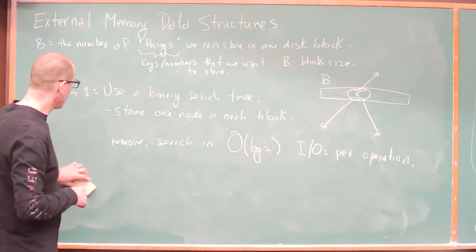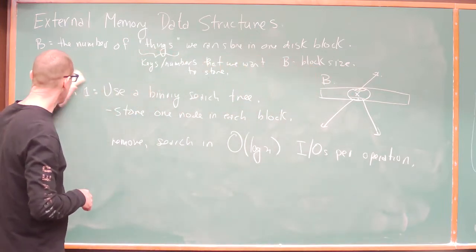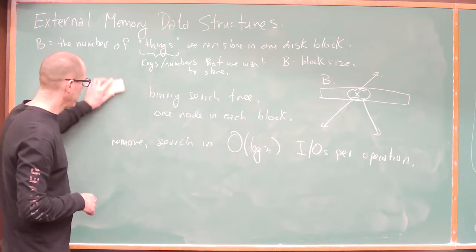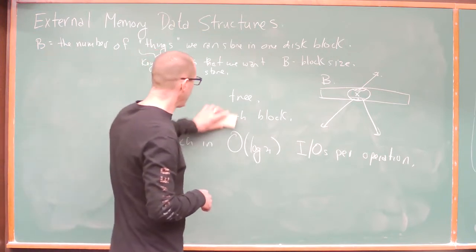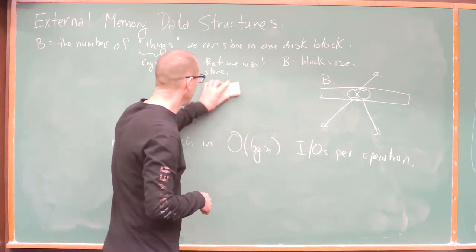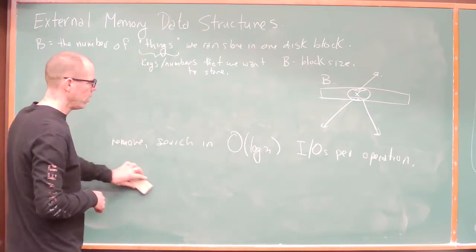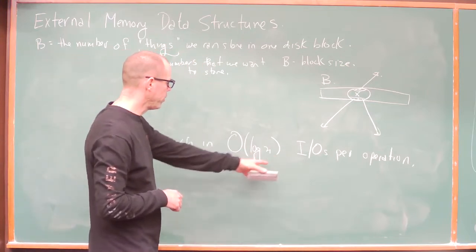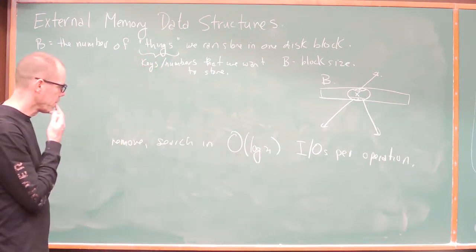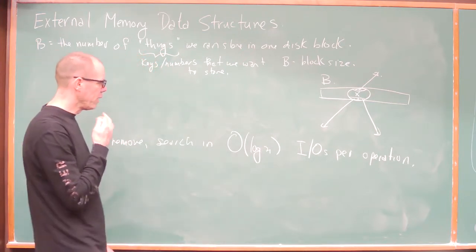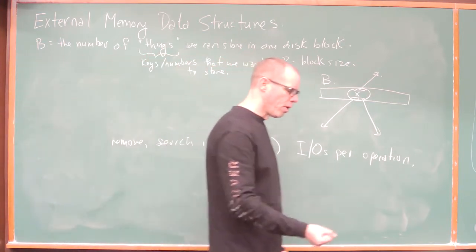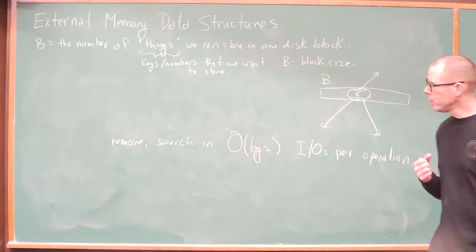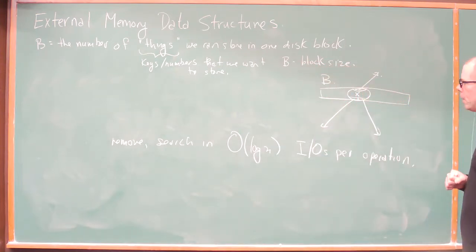So the first thing I could ask is, how much could we possibly hope to speed this up? I mean, how could we do better than this? Well, I've told you that in one I/O, so reading one thing from a disk, you get B items.